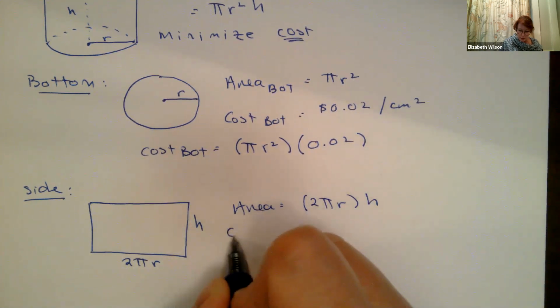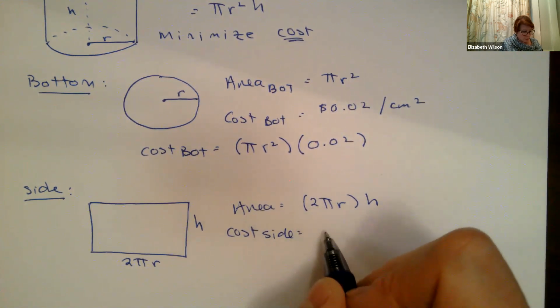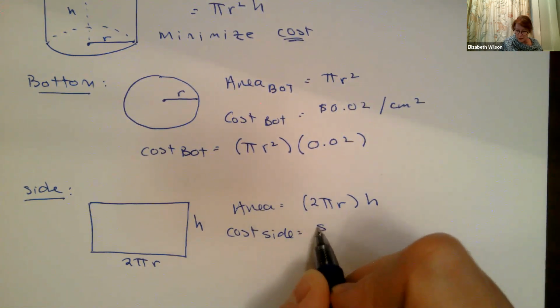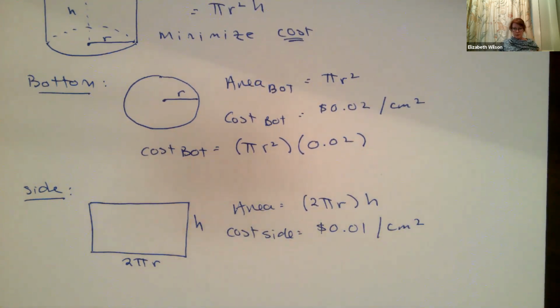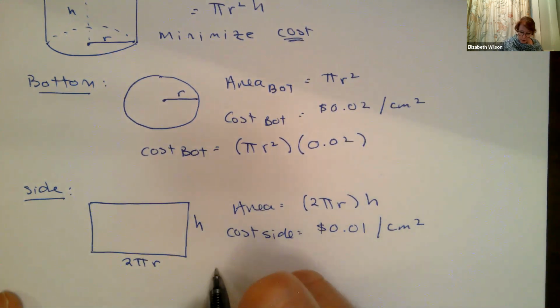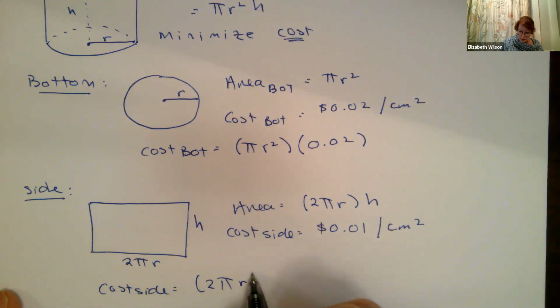The cost of the side they told us was, I think, 0.01. Like I said, I converted it to dollars. It was 1 cent. You could have kept it in cents. The cost of the side is going to be the area times that cost, so 2 pi r h times 0.01.